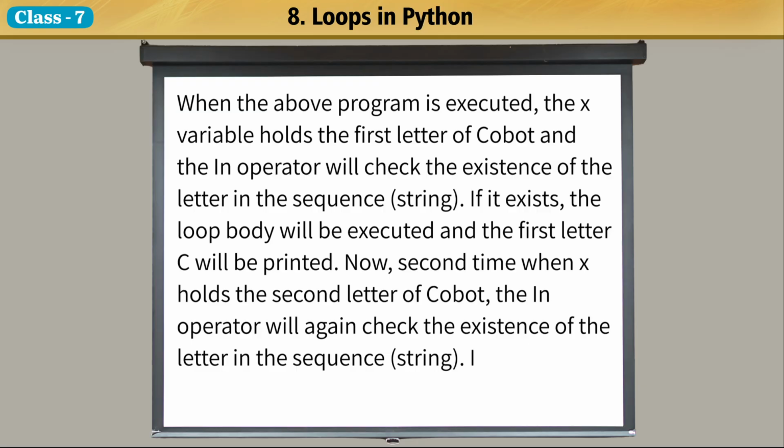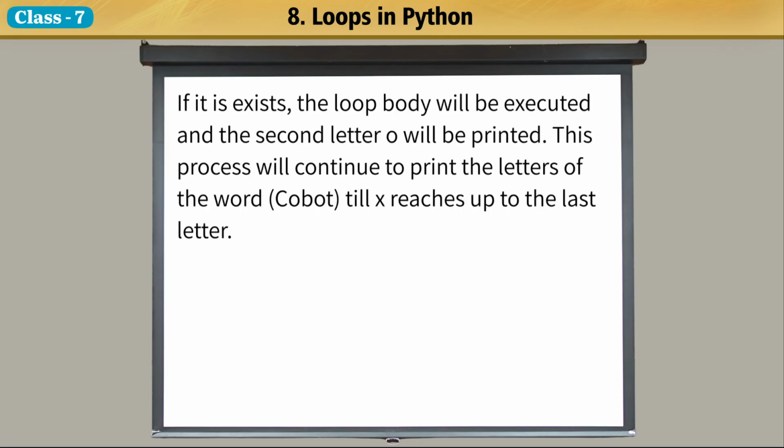If it exists, the loop body will be executed and the first letter C will be printed. Now, the second time, when x holds the second letter of cobot, the in operator will again check the existence of the letter in the string. If it exists, the loop body will be executed and the second letter O will be printed. This process will continue to print the letters of the word cobot till x reaches the last letter.